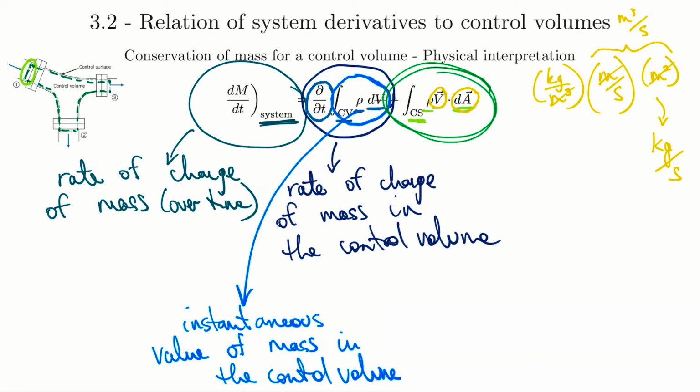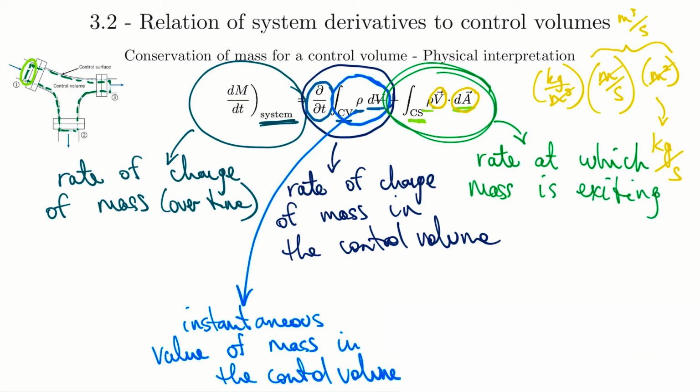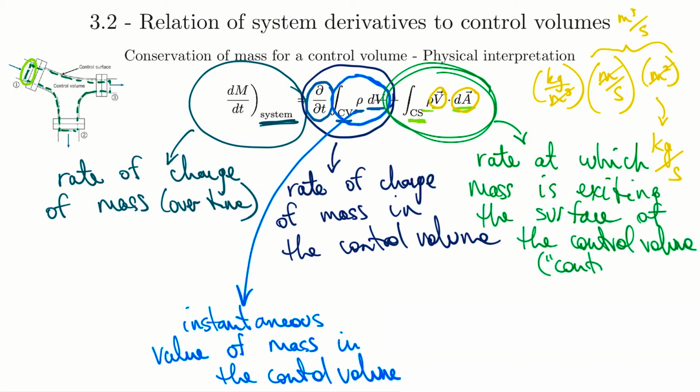So integrating over the control surface means we have the rate at which mass is exiting the surface of the control volume, which we call the control surface, CS.